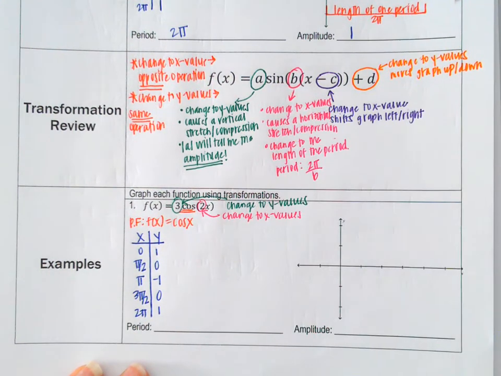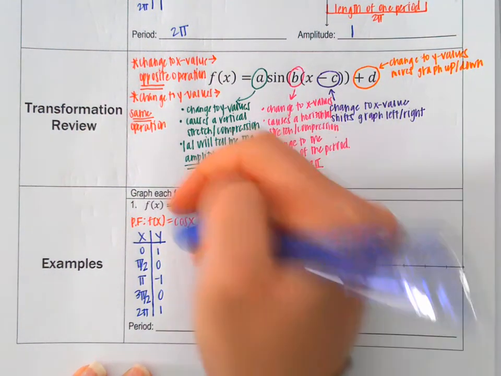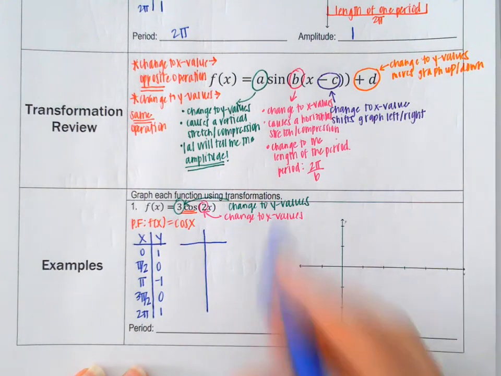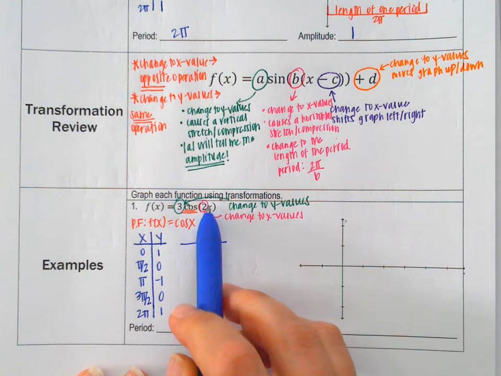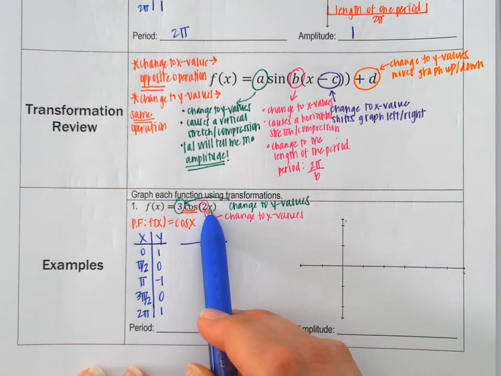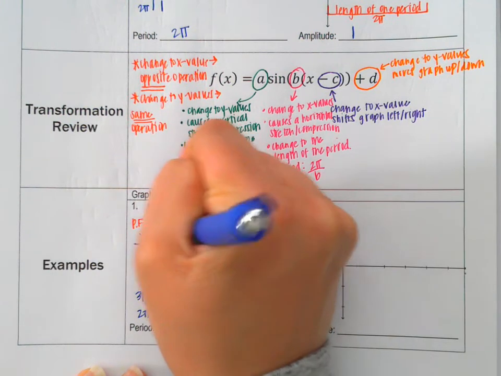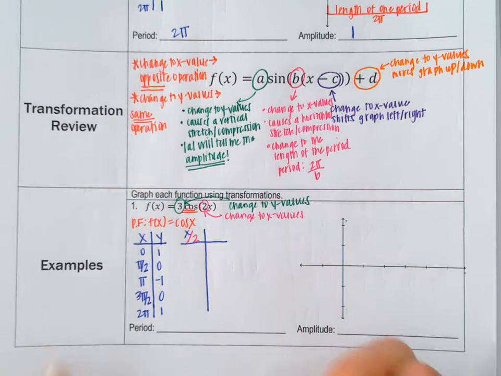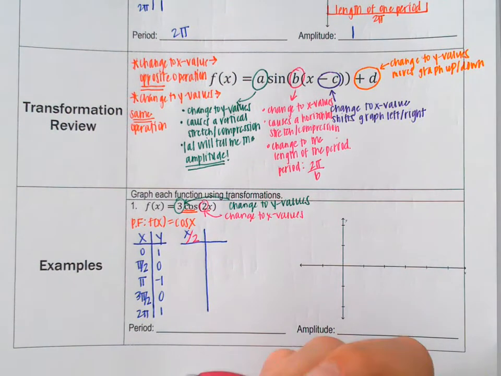And now we can apply those. When it's a change to the x, we do the opposite operation. So what's happening here is it's 2 times x, so we're going to do x divided by 2 for all of our x values.